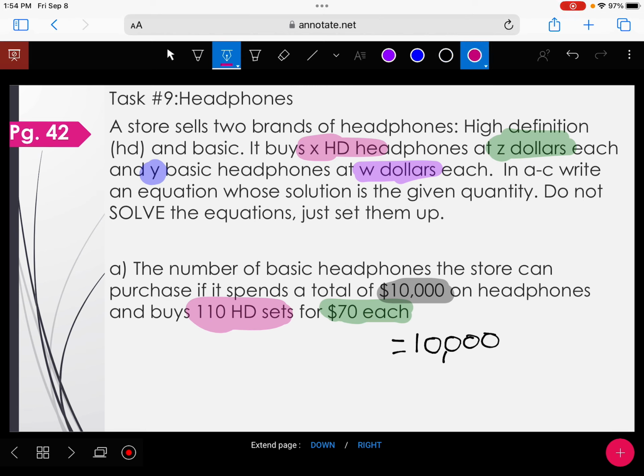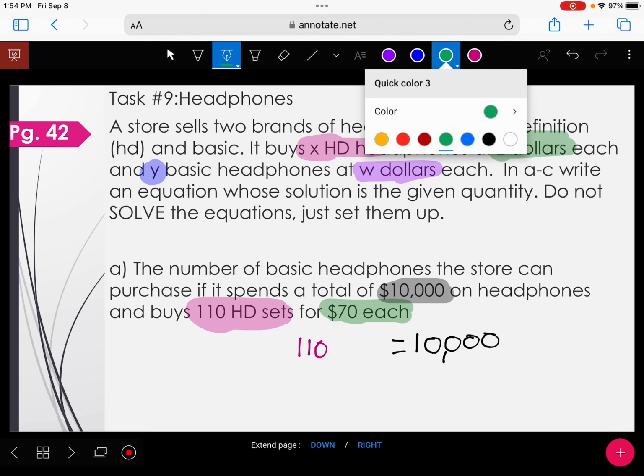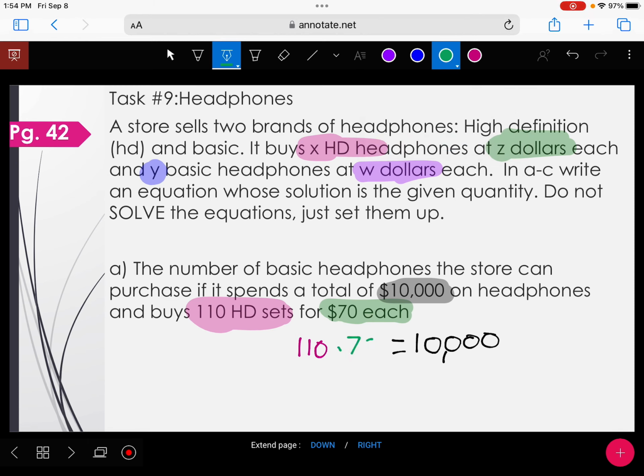What can I do with the fact that they're purchasing 110 HD headphones at $70 each? How much are they spending on HD headphones? Yeah, 110 times 70. How many they're buying times how much they spend, right? So this is our total. This is our HD headphones.